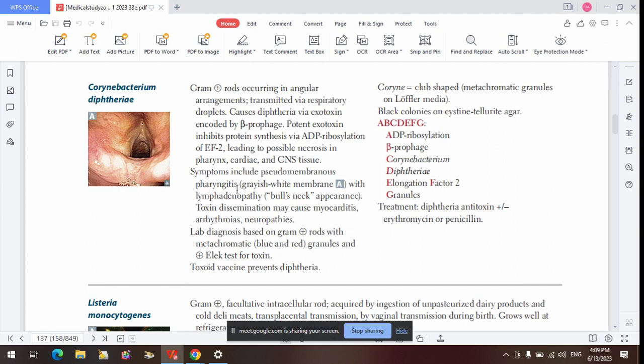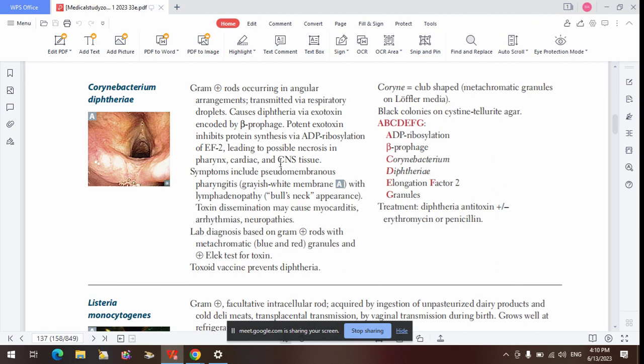That's one of the characteristic features of Corynebacterium diphtheriae. There's enlargement of nearby lymphatic tissue and lymph nodes because of the inflammatory response, causing the bull neck appearance, along with pseudomembranes within the inflamed areas of the pharynx.